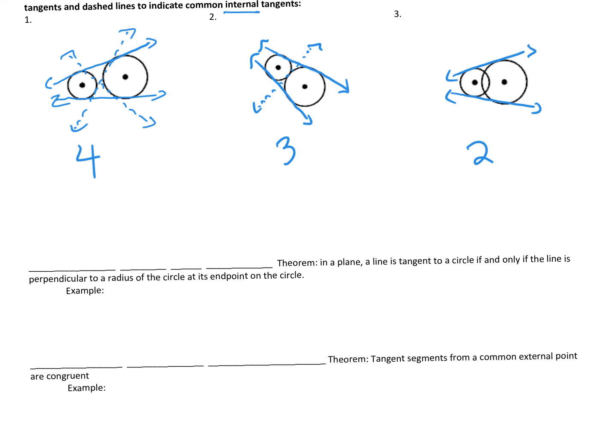Next theorem is our tangent line to a circle. The tangent line to a circle basically says if there's a tangent line to any circle, that tangent line where it hits the point of tangency, it is always perpendicular.